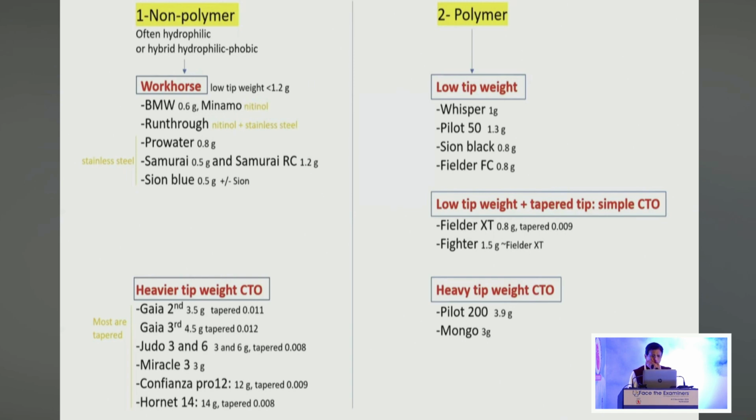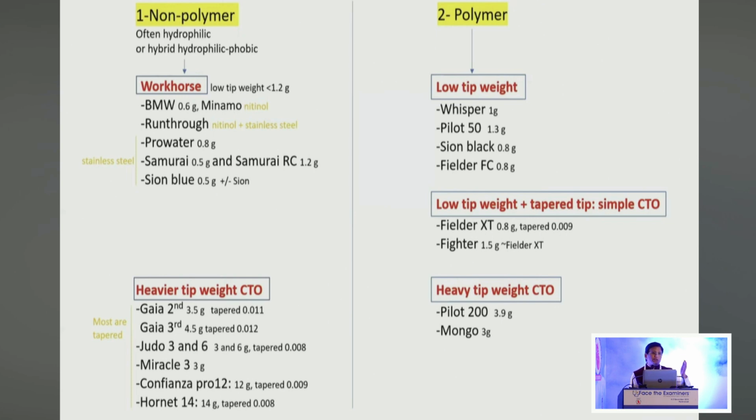And now the polymer coated, as I told, the polymer is extremely slippery in character, and you can go through the most difficult lesions, and basically it goes through micro channels. So first line is usually Whisper. Whisper is my favorite wire.